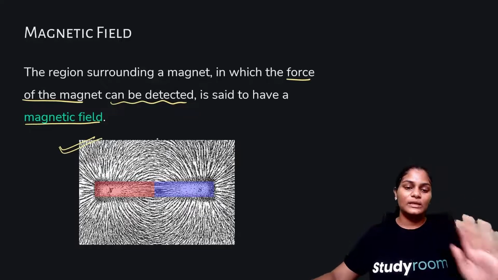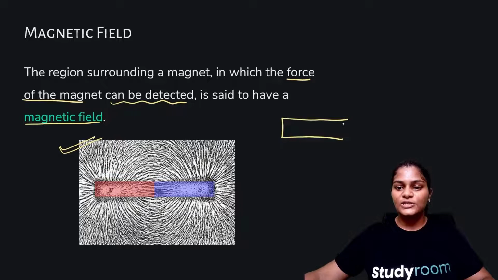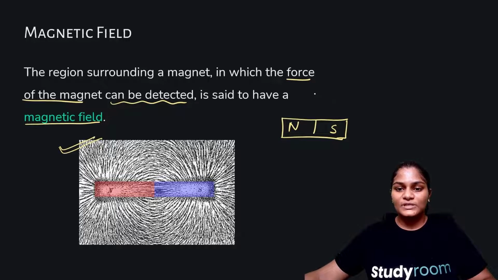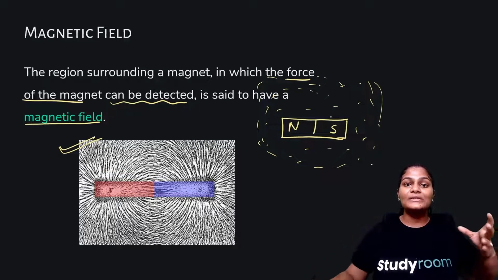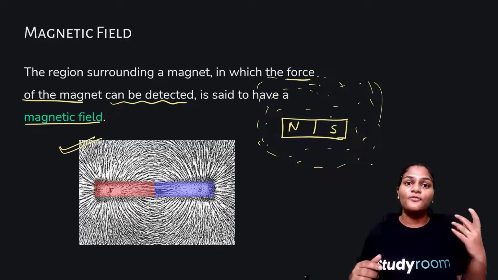This would make sense a little after some time, but if this is your bar magnet, this is your north pole and this is your south pole. I'm just showing you a dotted line for denoting the region in which the force of the magnet acts. Why are we using the word force?